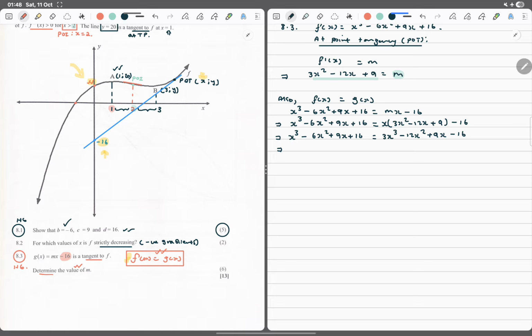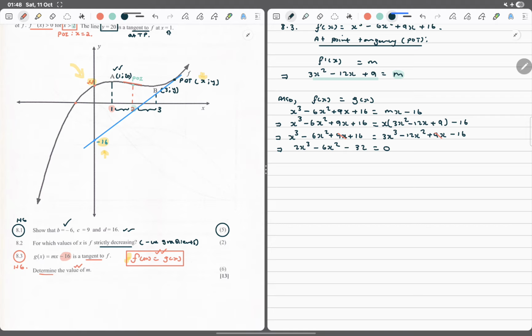So 3 minus 1 is going to be 2x cubed, minus 12x squared plus 6x squared is going to be minus 6x squared. The 9's go away. And then the 16 we get minus 32 equal to 0.